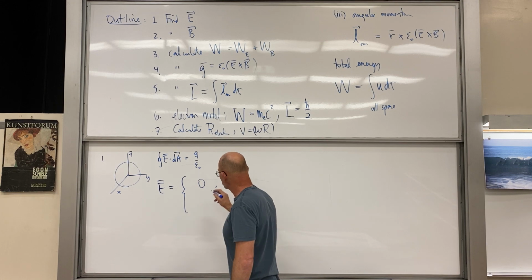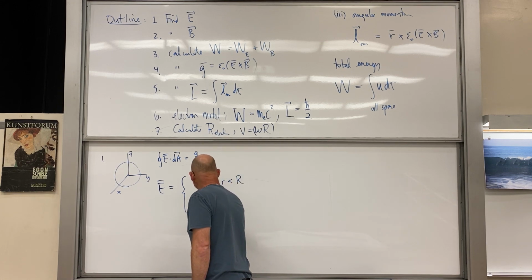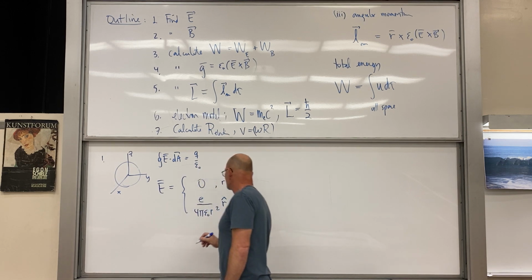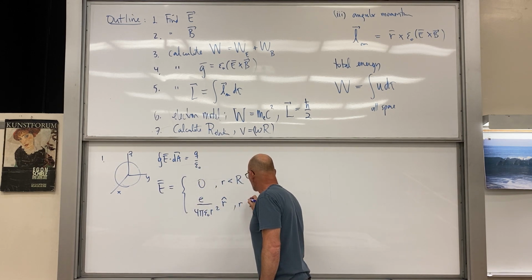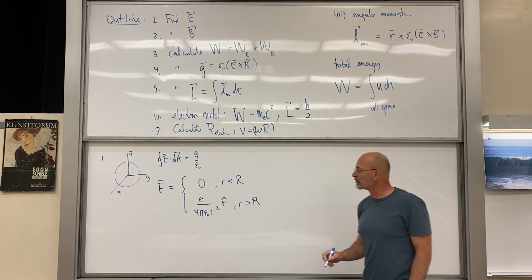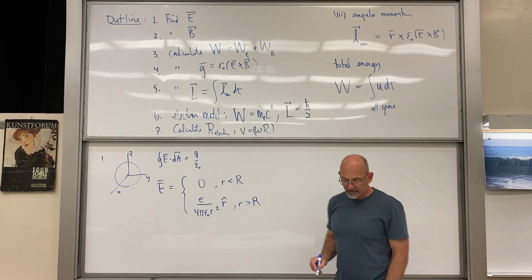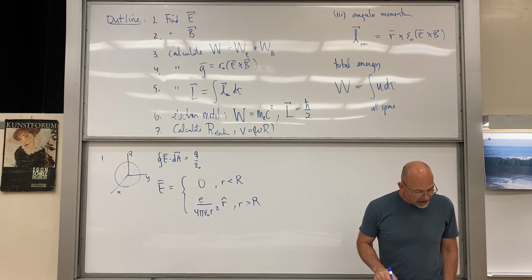So that would be E equals e over 4 pi epsilon naught r squared, r hat, for r greater than capital R. Just the field of a point charge. Good, so that's all we need to know for the electric field, I think.